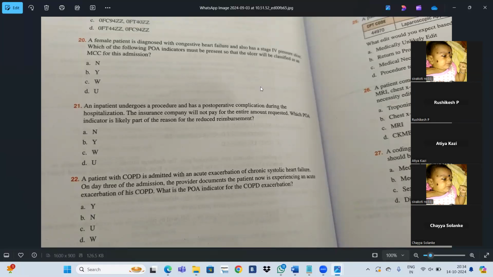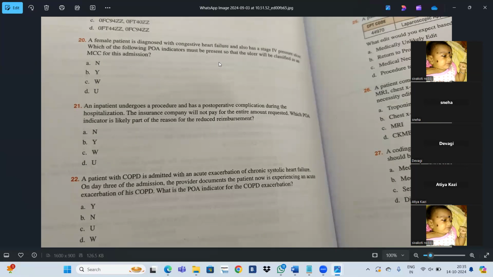A female patient is diagnosed with congestive heart failure and also has a stage 4 pressure ulcer. Which POA indicator must be present so that the ulcer will be classified as an MCC for the admission? For that stage 4 ulcer, was it developed after admission or before admission?